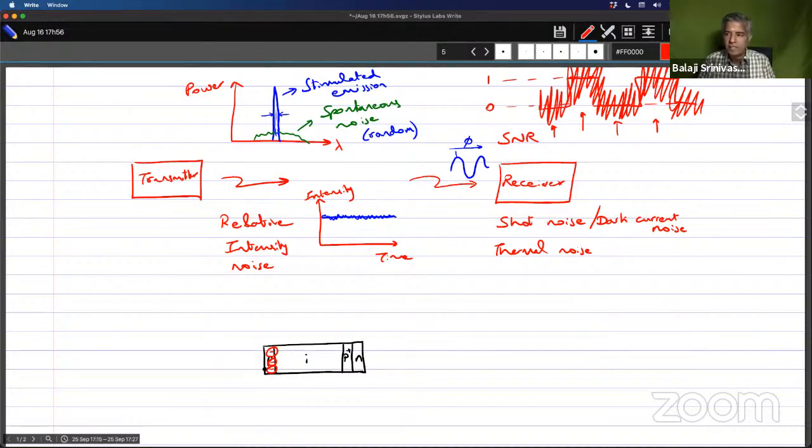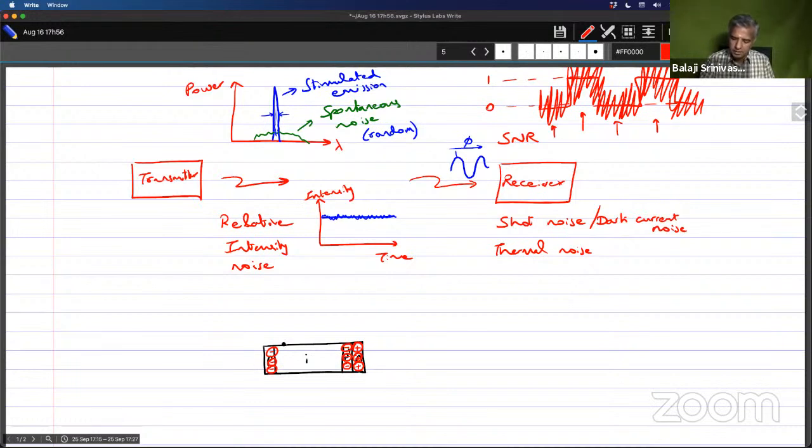So that will be depleted of the holes. So you'll have some fixed negative charges. And similarly here also there will be some negative charges. And on the N side, you will have a depletion of electrons. So that will leave behind positive charges.